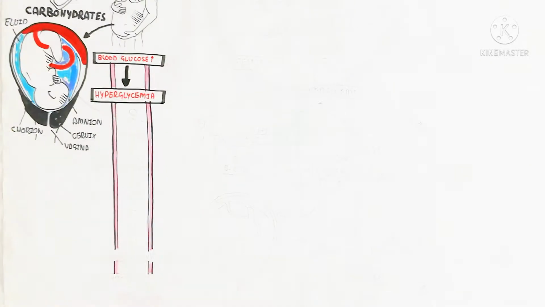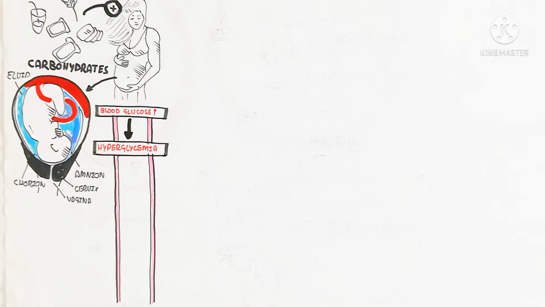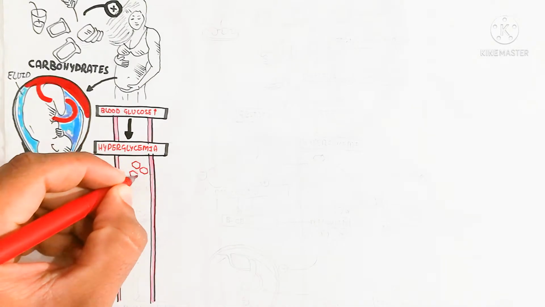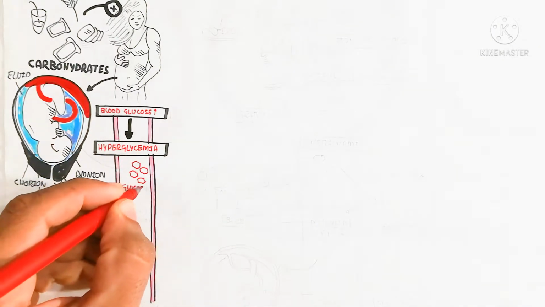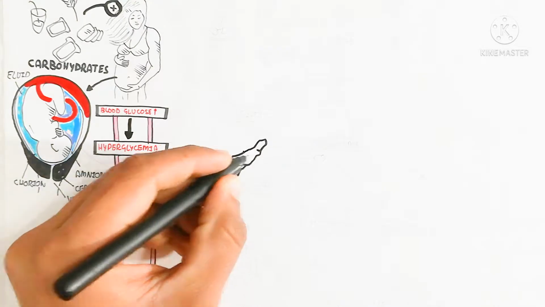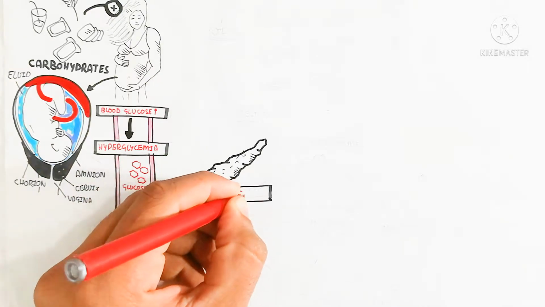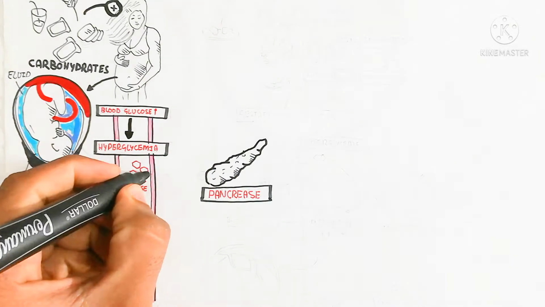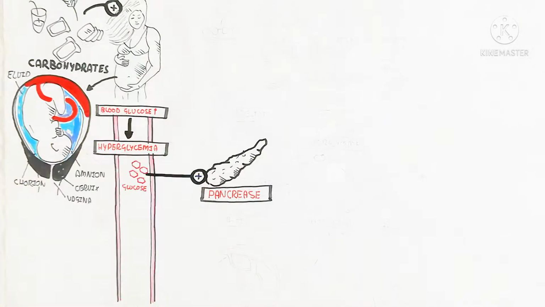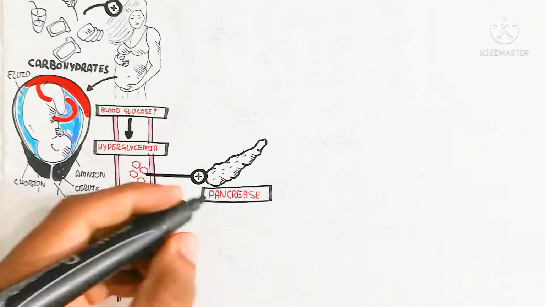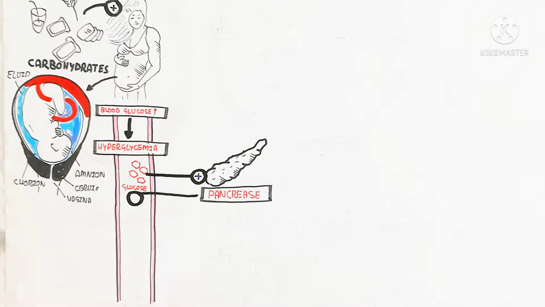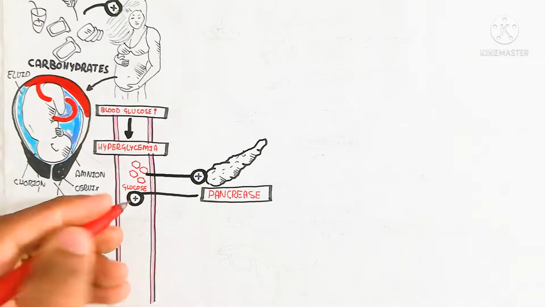So the hyperglycemia will stimulate the pancreas to produce insulin from the beta cell. After production, the insulin moves into the blood circulatory system. The movement of insulin leads to absorption of glucose into the body of the pregnant woman.